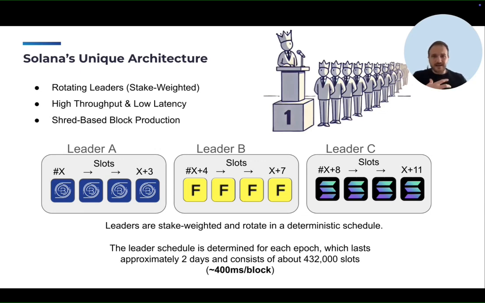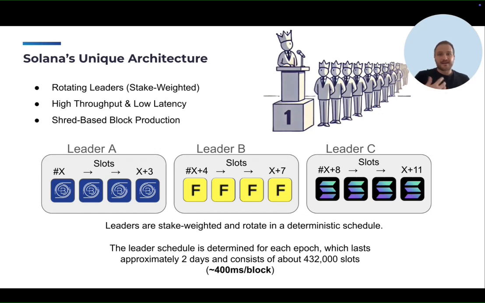So essentially, Solana operates in the form of there being a leader for every slot. So, every epoch, which is approximately 432,000 blocks, 2 days, there is a deterministic schedule that's put into place, and leaders are chosen for every slot in that epoch.